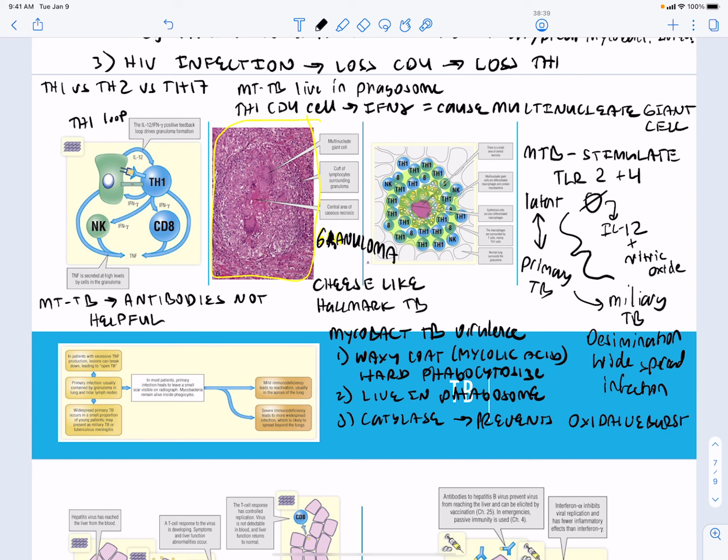Which is, of course, very important for our phagocytic cells in order to kill what's inside of it. So basically, they form a granuloma, and the granuloma is not going to kill the bacterium, but it's going to keep the bacterium in check. And again, reactivation can occur when you have some sort of immune suppression, such as HIV.